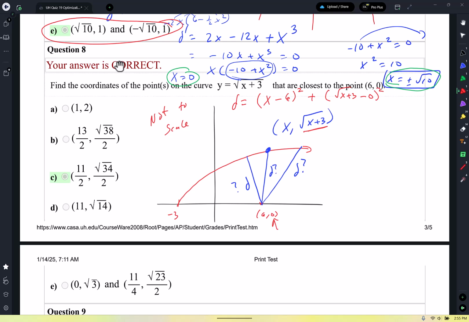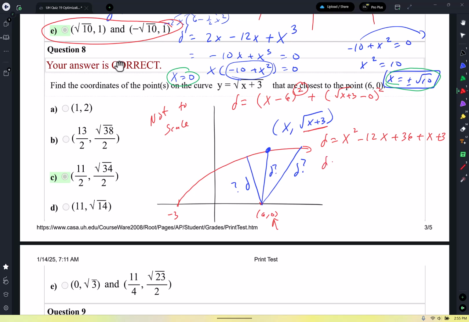All right. D equals x times x is x squared. I'm just expanding it. X times negative 6 is negative 6, but I'm going to have 2 of those. So negative 12x plus 36 plus x plus 3, because the square root of x plus 3 minus 0 is the square root of x plus 3. When I square it, the square root goes away.